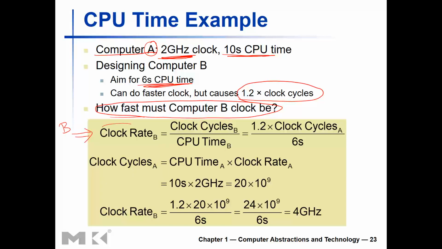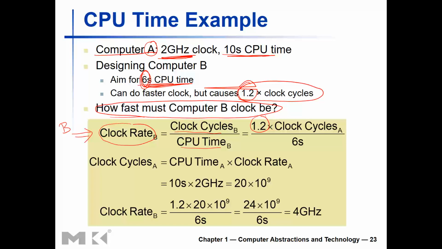We said the frequency or the clock rate equals clock cycles divided by CPU time for computer B. That is 1.2 times the clock cycles for A, divided by 6 seconds, because this is the aim, 6 seconds. Okay, why 1.2? Because he said that the number of cycles increased by 1.2. Now what that means is that I have expressed the clock rate in terms of the clock cycles for computer A.